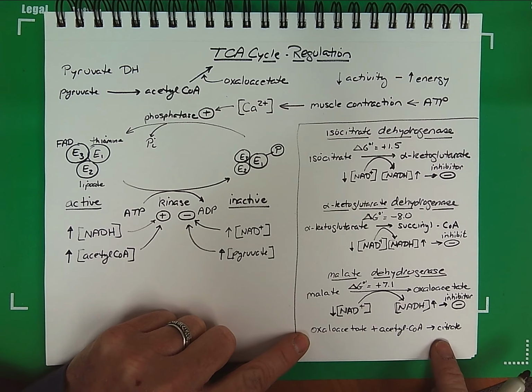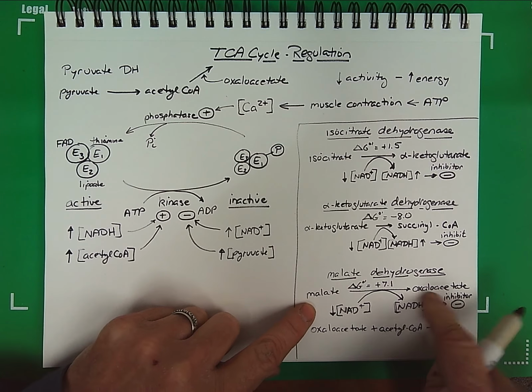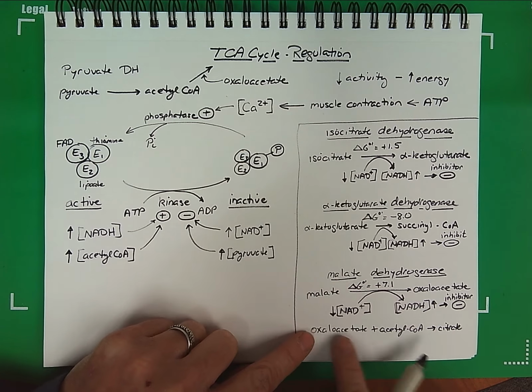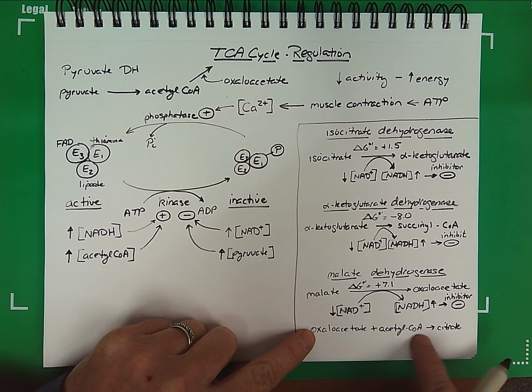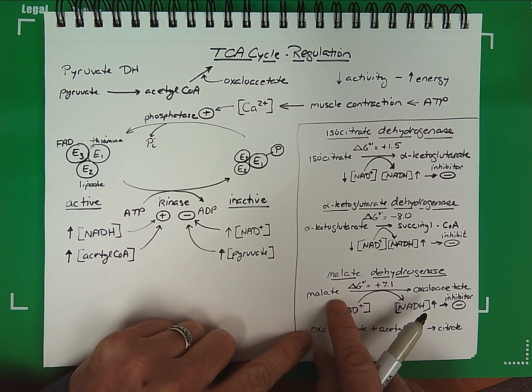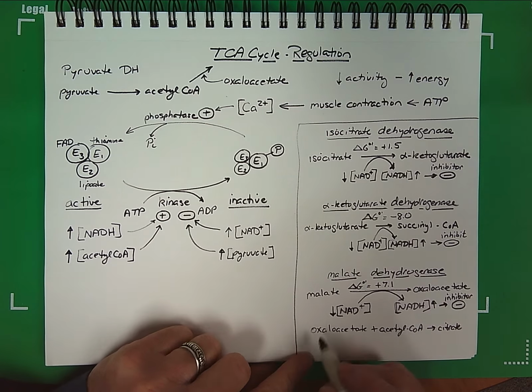So what this in essence means is that whenever oxaloacetate is formed from the redox reaction of malate, the oxidation of malate, it is going to be condensing with acetyl-CoA and disappearing into forming citrate. So this means that our product concentration of this reaction is going to remain near zero.